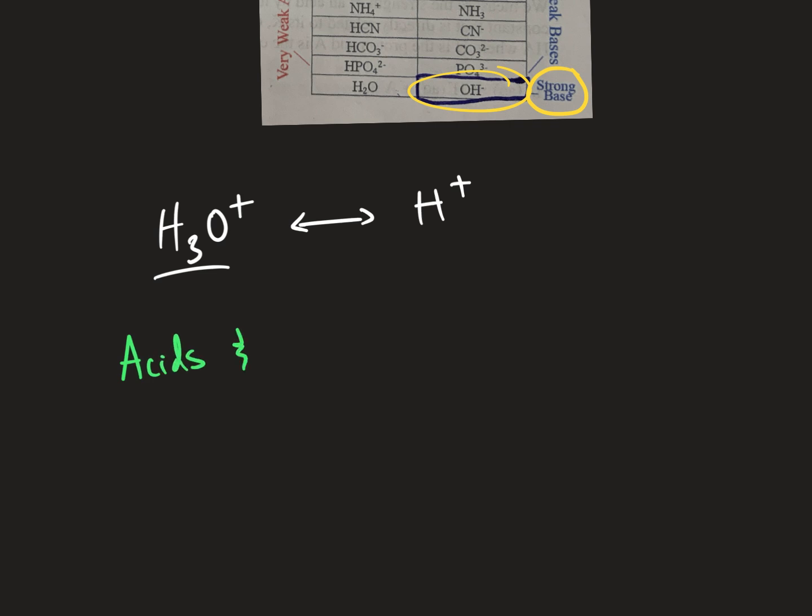Acids and bases are all aqueous solutions. Why is that? Well, he talked about a strong acid, strong base is completely dissociated, right? You got to have something to dissociate in. It's got to be in water. Good?